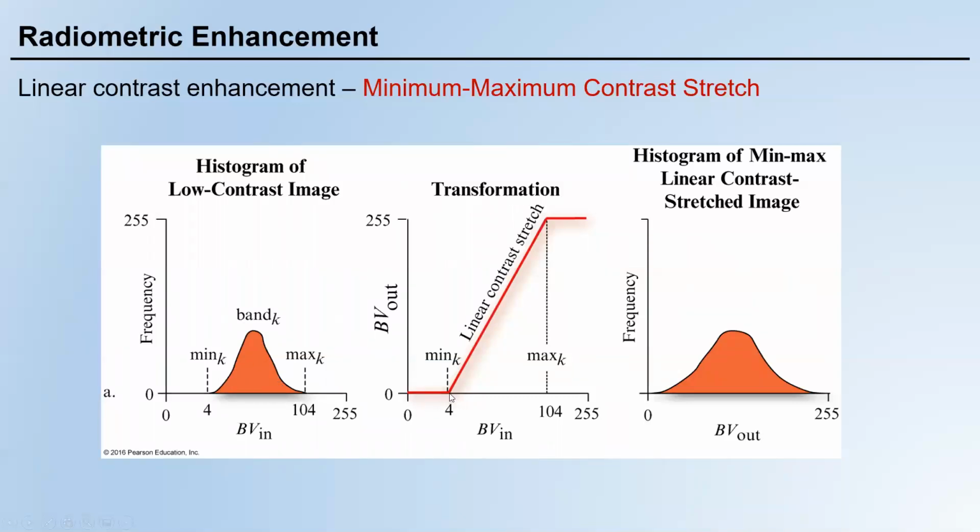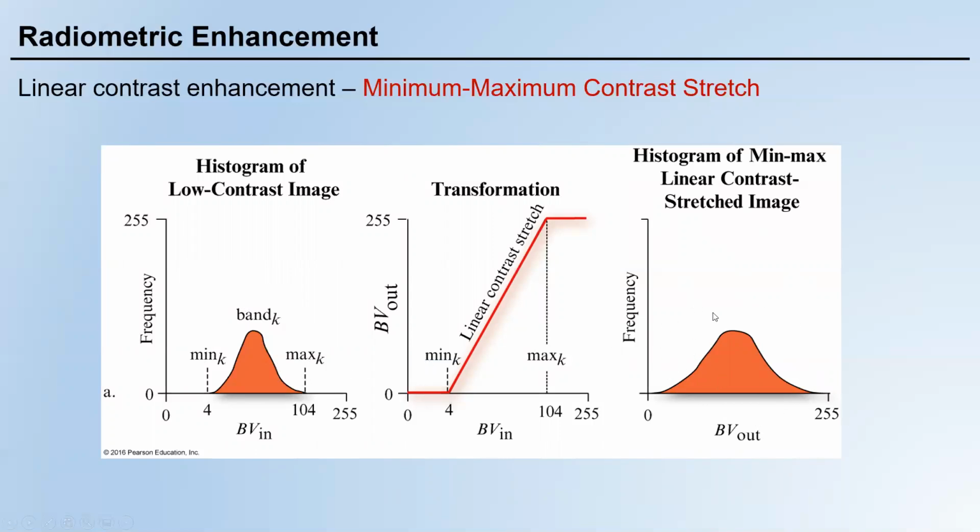And we want to stretch the histogram within the range of 4 to 104 to another range. That range is from 0 to 255. So 4 to 104 has been stretched to 0 to 255. On the left side, we have the histogram of the original image, or input image. On the right side, we have the histogram for the output image.